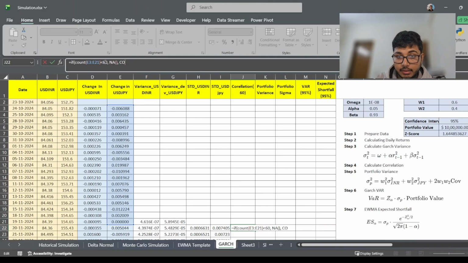Otherwise, if it is greater than 60, then we are going to calculate the correlation between these two values.